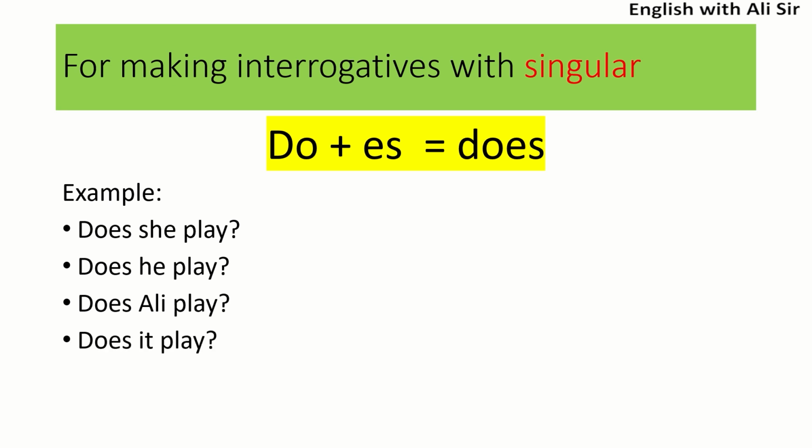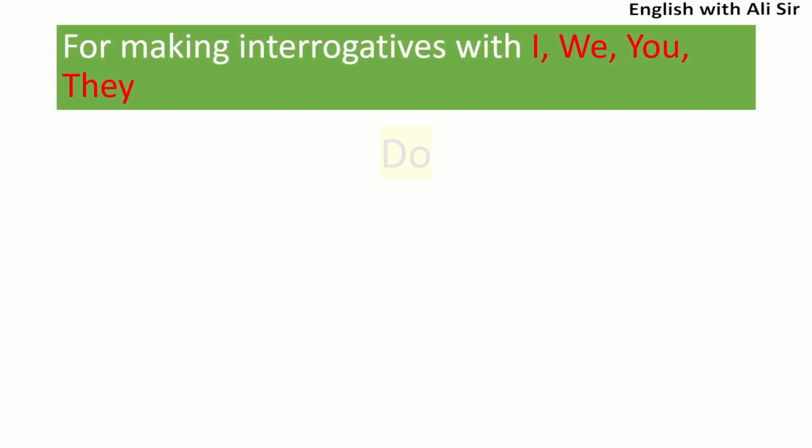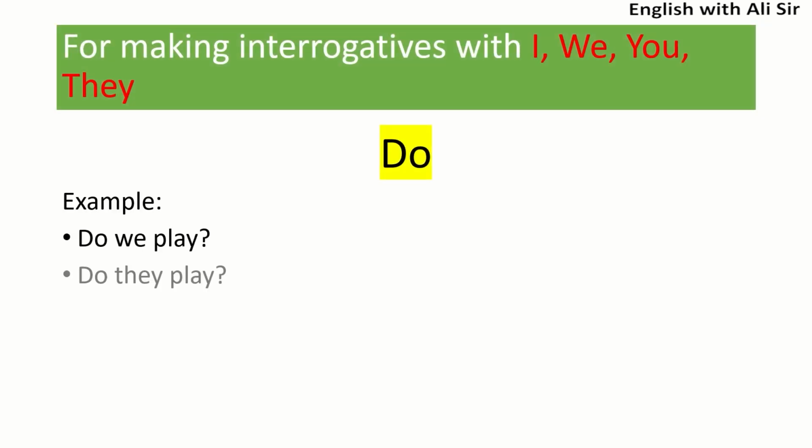For I, we, you, they, we use do. Do we play, do they play, do kids play, do I play. So for I, we, you, they, we use do. For he, she, it, and a singular person, for example Ali, we use does for making interrogatives.